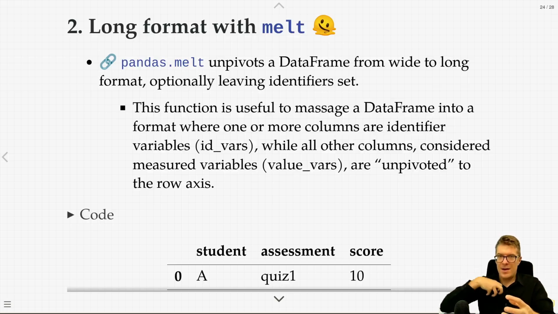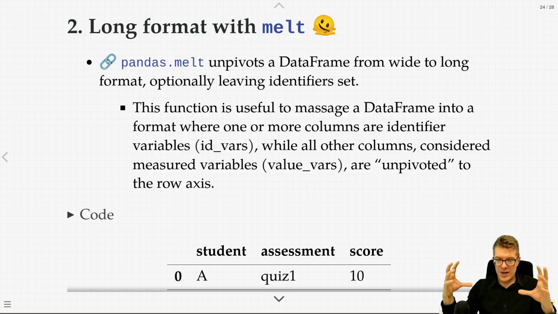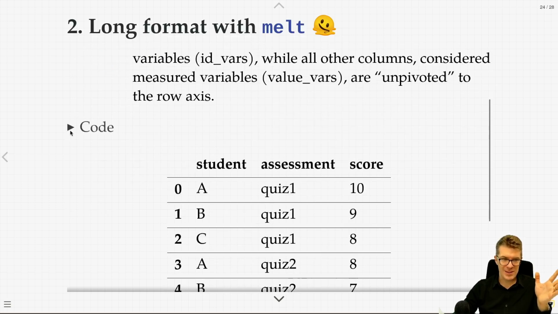You want to unpivot, group variables together, and then perform some kind of aggregate functions. Maybe you want to separate out value variables to make them unpivoted.